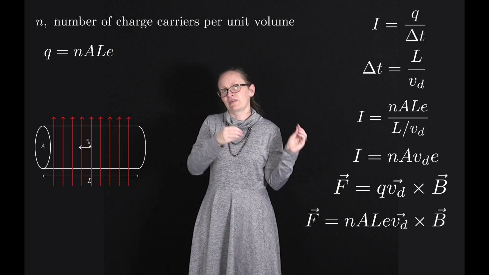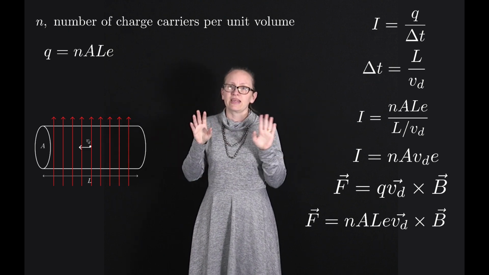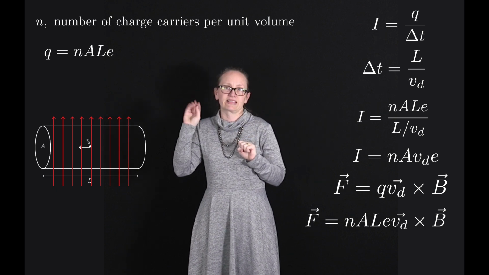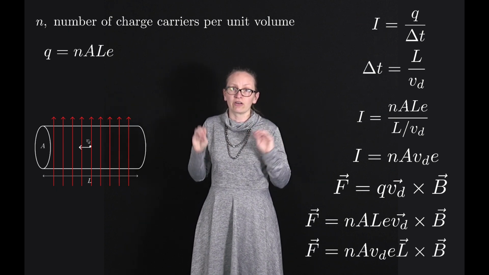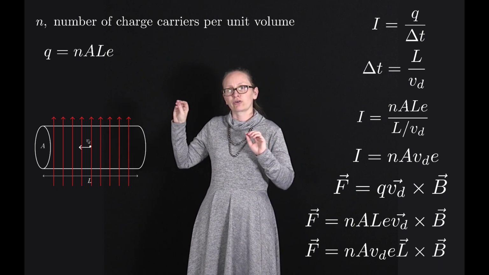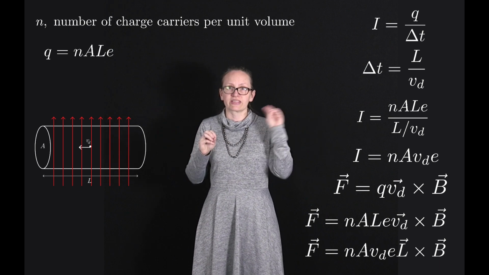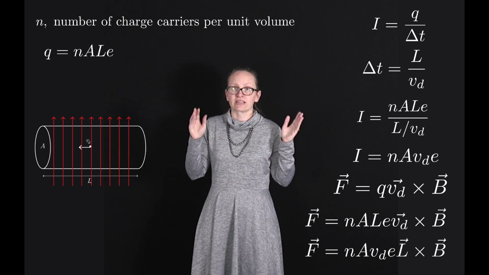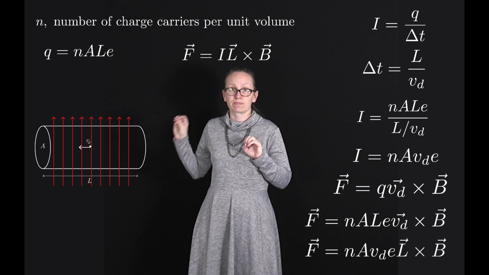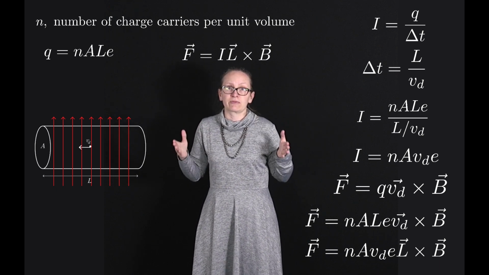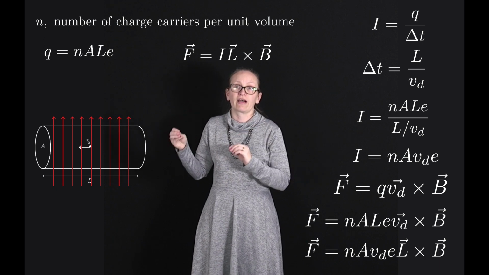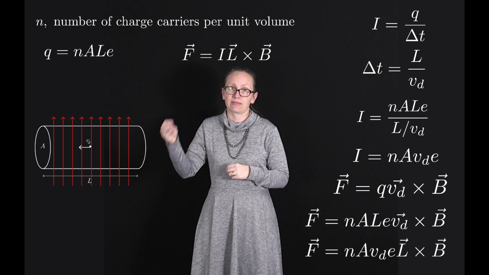If we say that they're moving in the L direction, then we can remove the vector from Vd and instead place it on L. So we've now got the equation F is equal to nAVde L cross B, and this is nice because nAVde is just I. So we've now got F is equal to I L cross B. This is an equation that we can use to calculate the force on a certain length of current carrying wire when it's placed in a magnetic field.